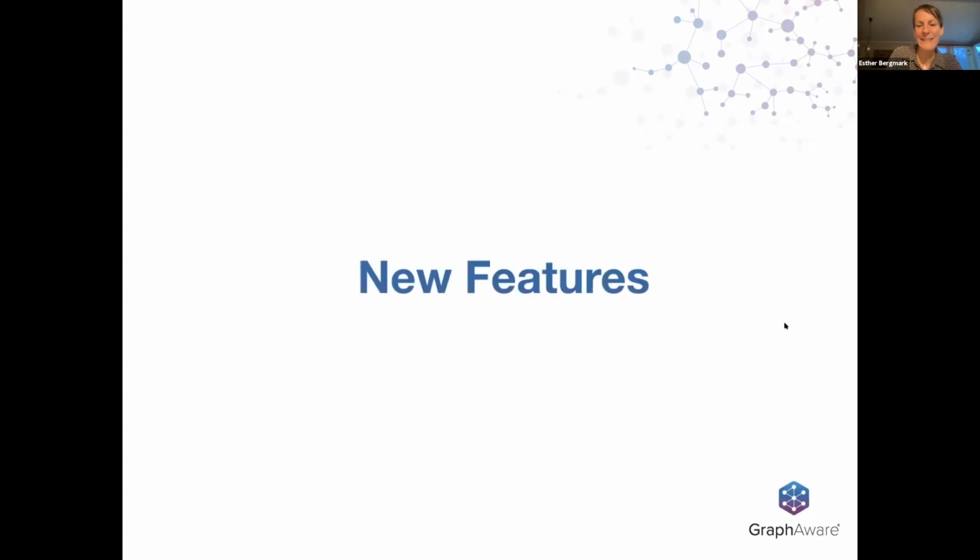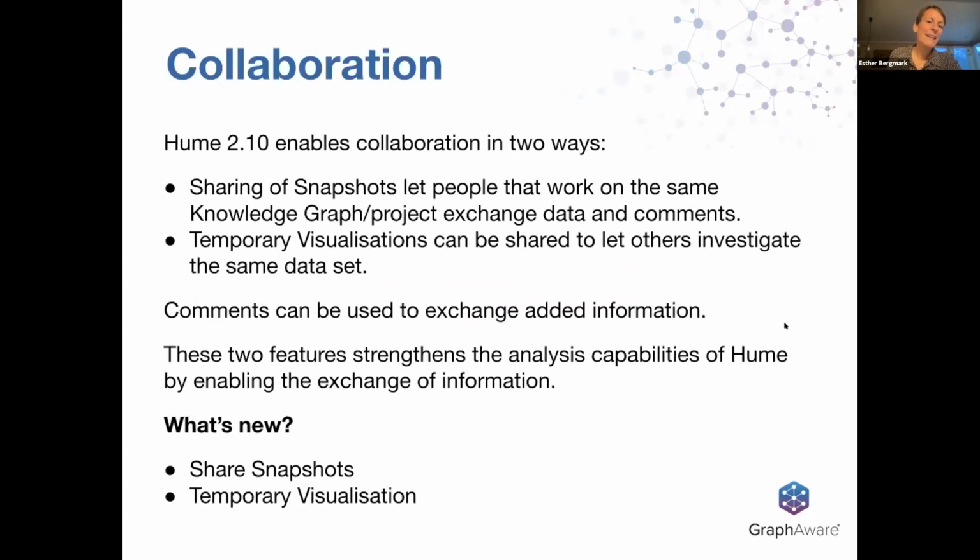Okay, the first one of the new features I would like to mention is collaboration. With 2.10, Hume enables collaboration two ways. One is sharing snapshots, where people that work in the same knowledge graph can exchange data and also add comments. We come to that in a second. And then there's temporary visualization that can be shared with people that investigate the same data set.